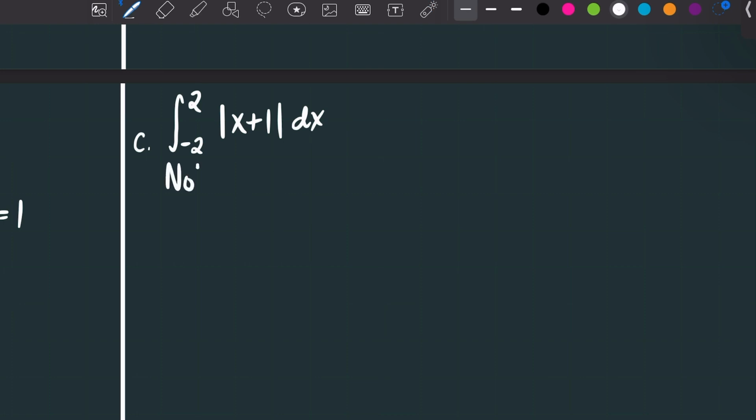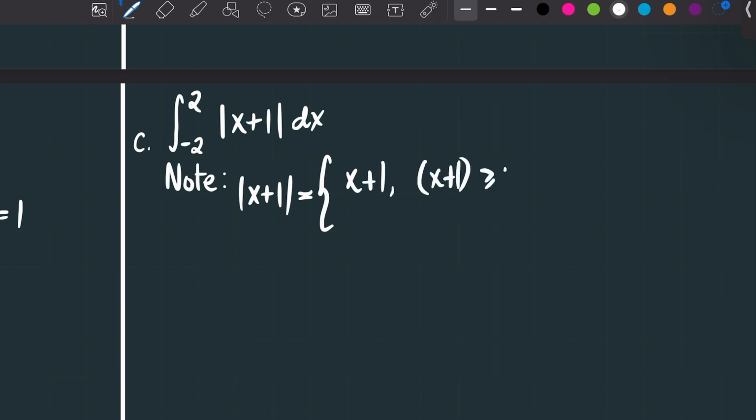So, we take note na yung absolute value of x plus 1 is equal to itself if x plus 1 is greater than or equal to 0. Pero if tong nasa loob is negative, kinukuha natin yung negative niya. So, negative of x plus 1 if x plus 1 is less than 0.